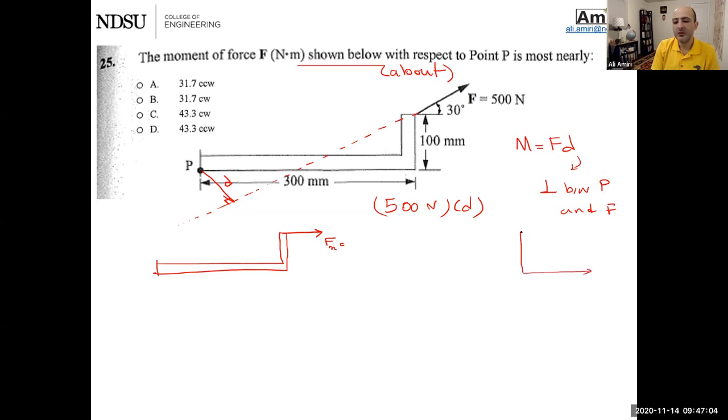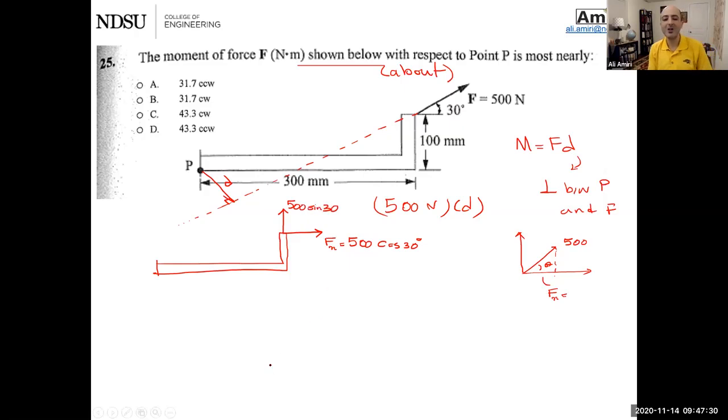Remember, similar to the example that we have, 500 at angle theta. This Fx was what? 500 cosine 30. Yes, someone said it. Sorry, I didn't see that. 500 cosine 30. Once you know that, the other one is easy: 500 sine 30.